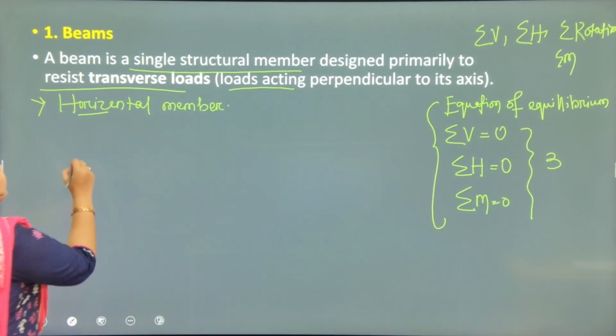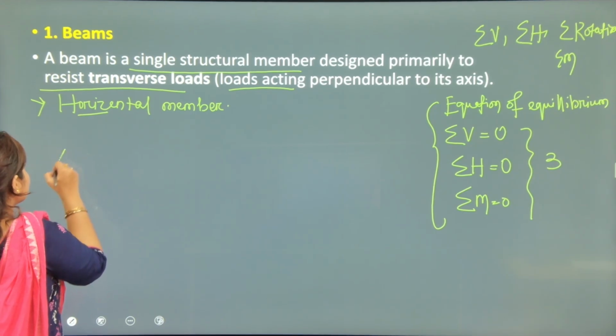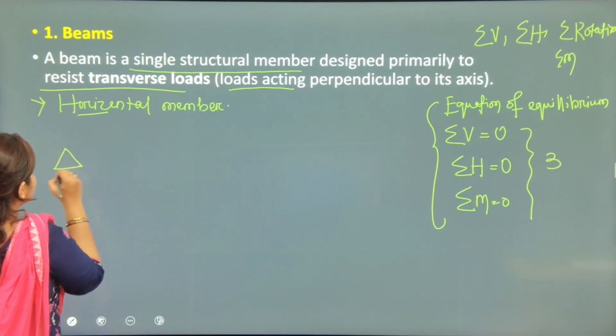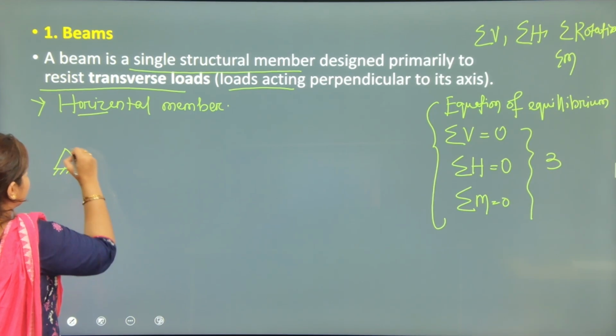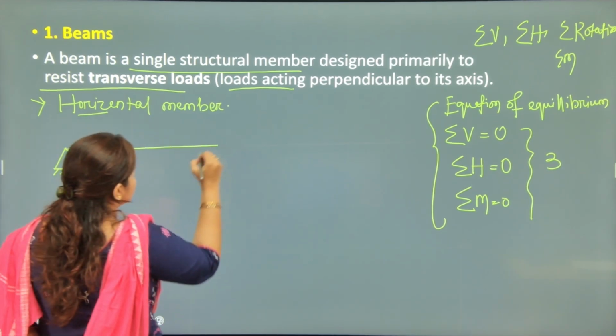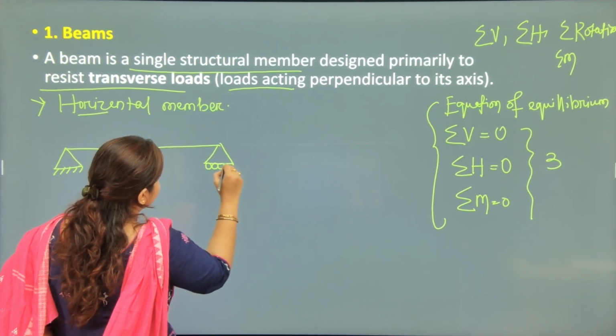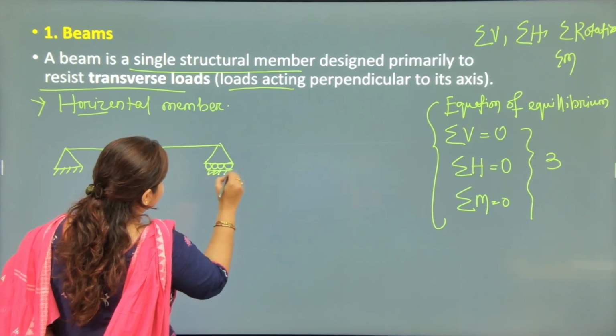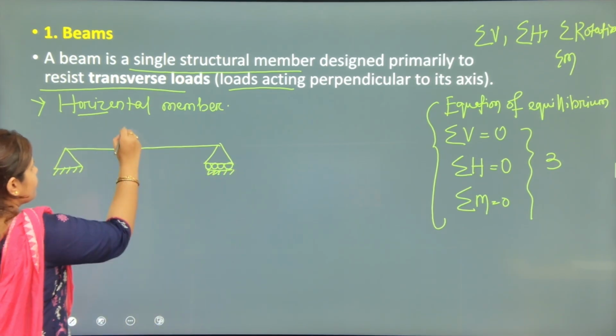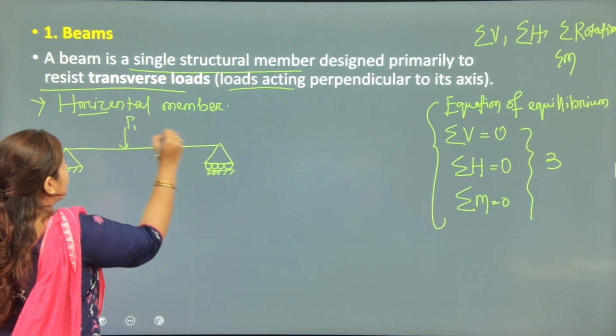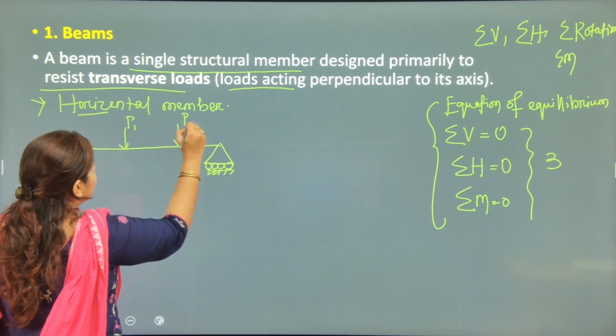Let's draw a beam. So first we will draw the type of support. Here I draw a hinge support with a roller support, and I give one point load, another point load.